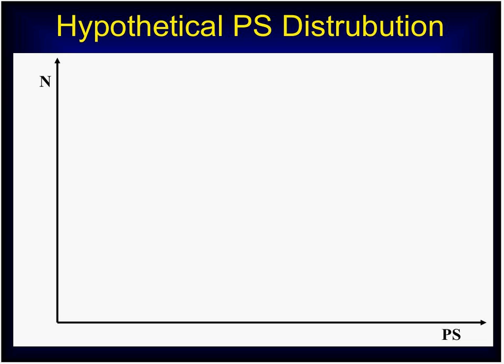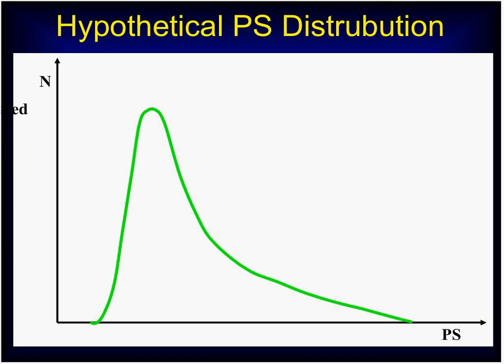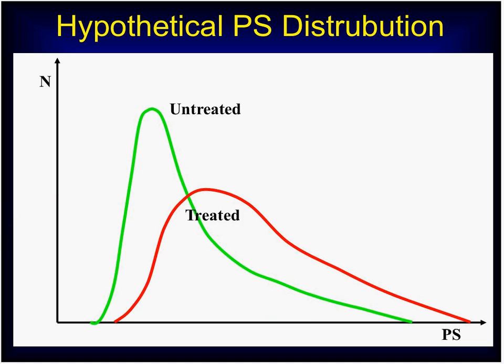And again, it comes in two flavors, and I'll start with the obvious one first, and then come to the other one. So this is the purely hypothetical distribution of propensity scores in the treated in red and the untreated in green. Now, obviously, you see that the propensity scores are higher in the treated than the untreated.